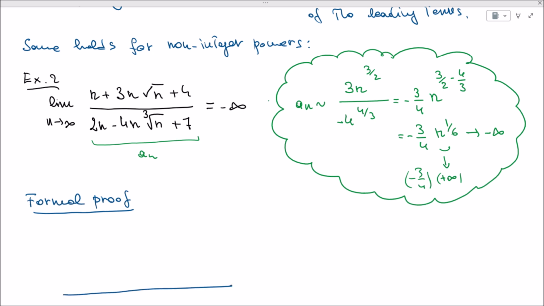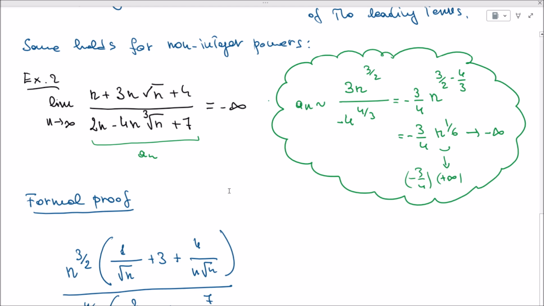On top we will factor out n to the 3 half, so we have 1 divided by square root of n plus 3 plus 4 divided by n square root of n, and at the denominator instead we can factor out n to the 4/3, so that we have 2 divided by the cube root of n minus 4 plus 7 divided by n cube root of n.